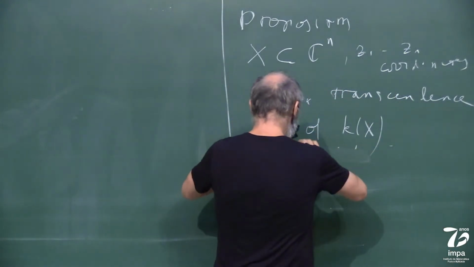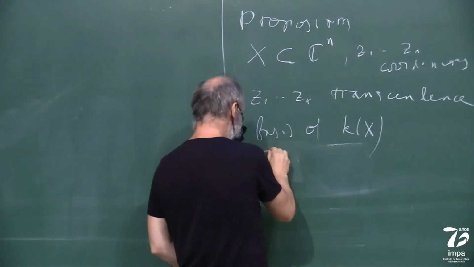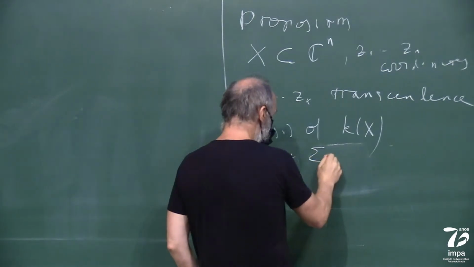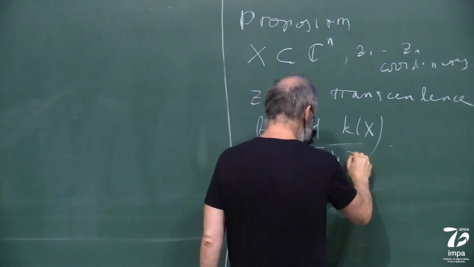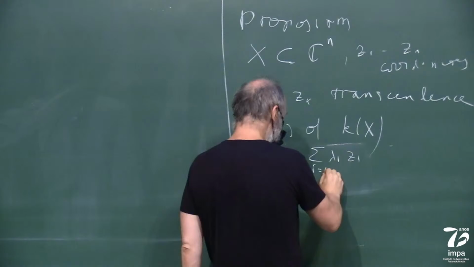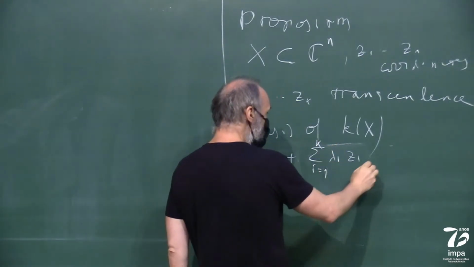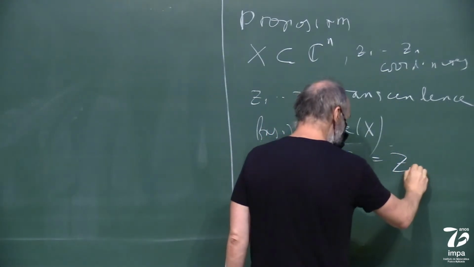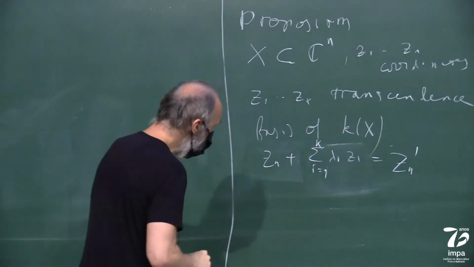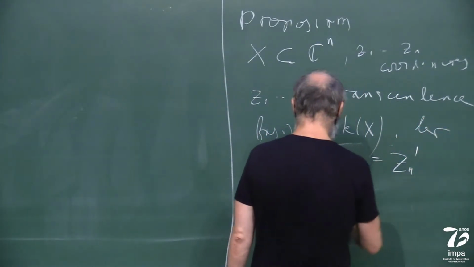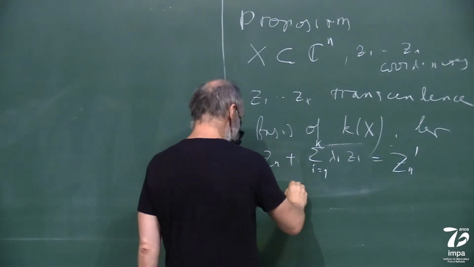Let's better say it like this: we take Zn plus the sum of lambda_i Z_i, from i equal to 1 to k. This is called Zn prime. And the lambda_i are generic.